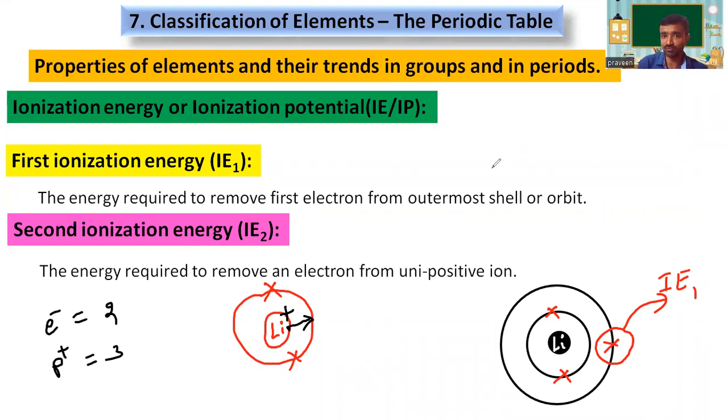Right? So when the atomic size is decreased and the nuclear charge increased, the attraction force on the valence shell increases. When the attraction force is increased and I try to remove this electron, I may require more energy or less energy compared to the first ionization?